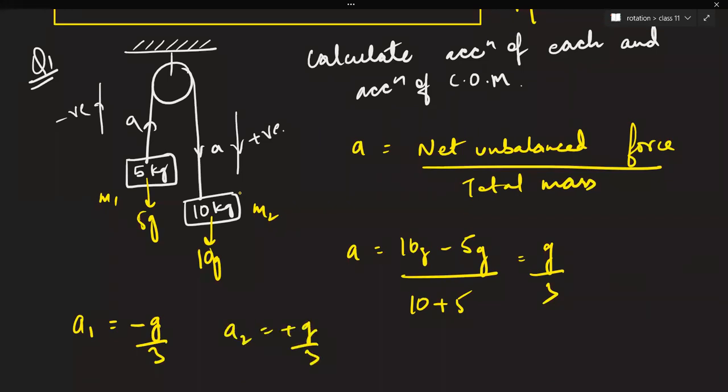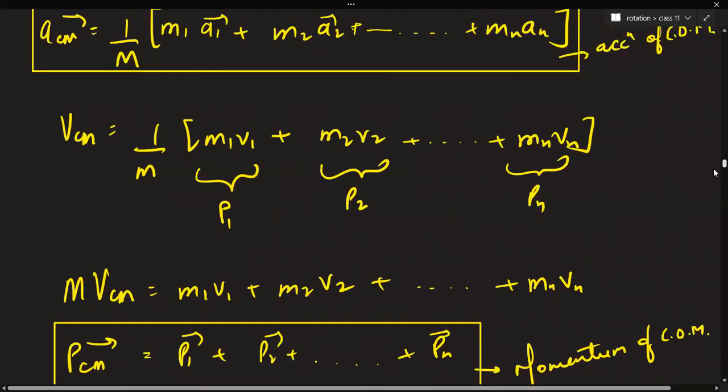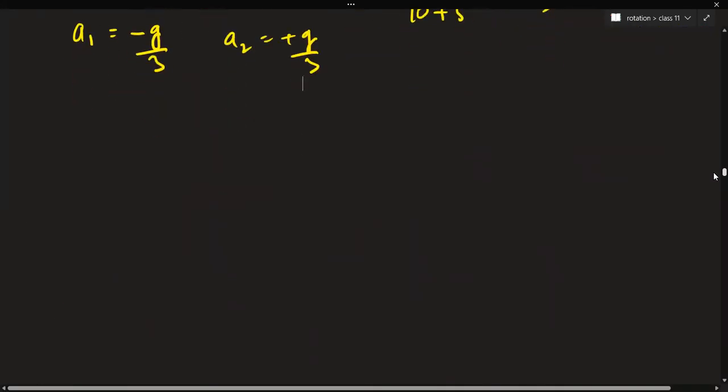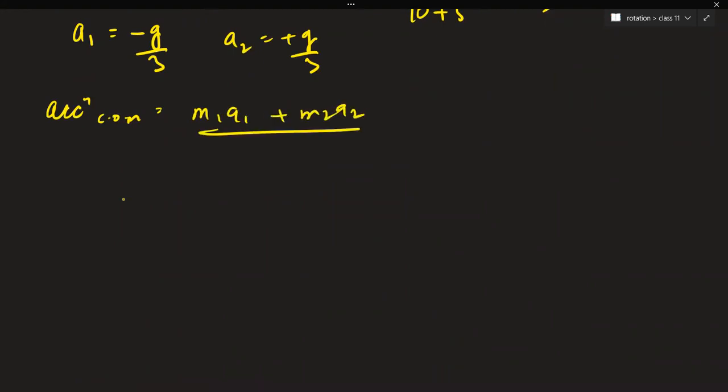Now for acceleration of center of mass, what was the formula that we had seen? Acceleration of center of mass will be M1 A1 plus M2 A2 divided by M1 plus M2. So M1, first mass is 5 kg. Acceleration 1.